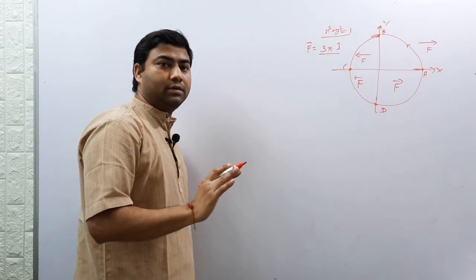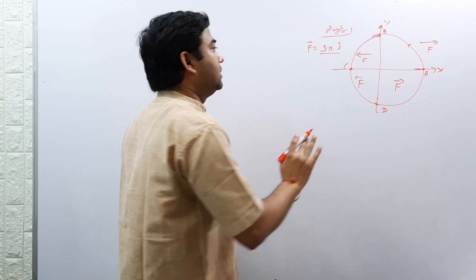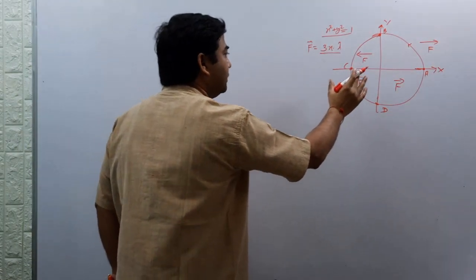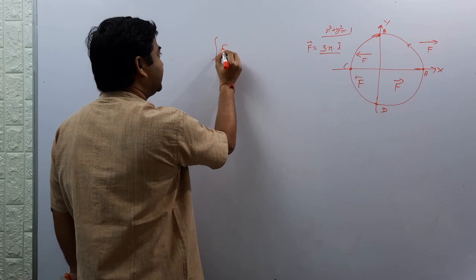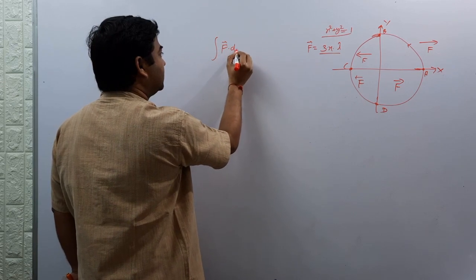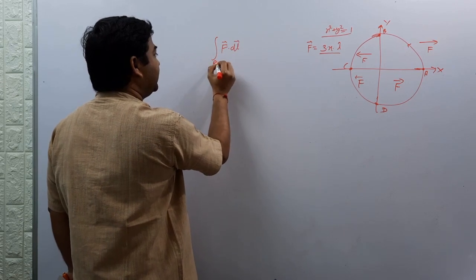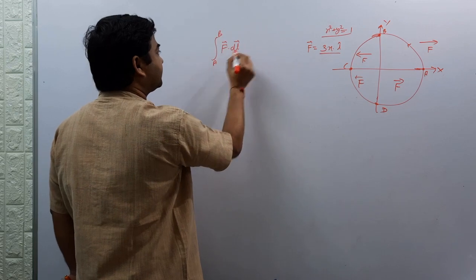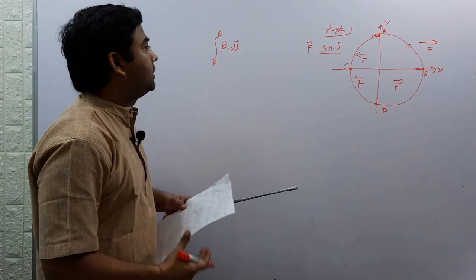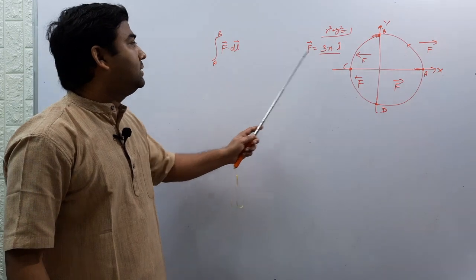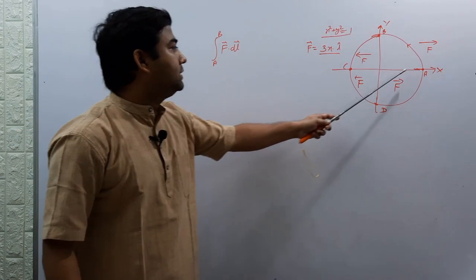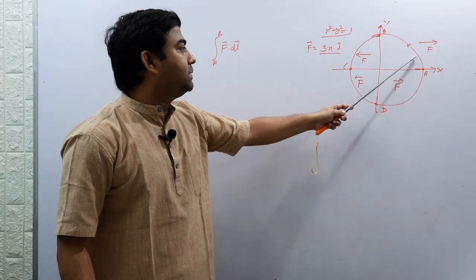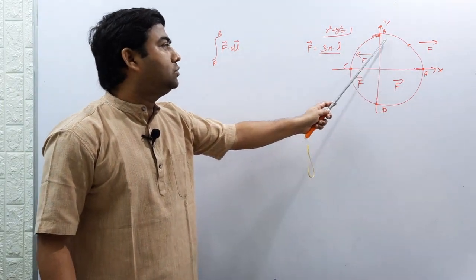This is just a convention. So now we will find the line integration, that is F dot dl from A to B. Line integration is nothing but the dot product of this field with small displacement vectors along the path from A to B.